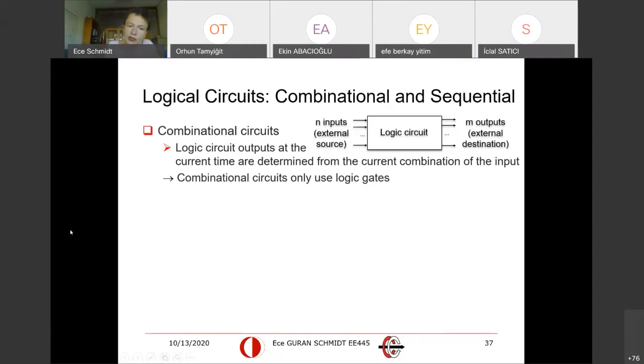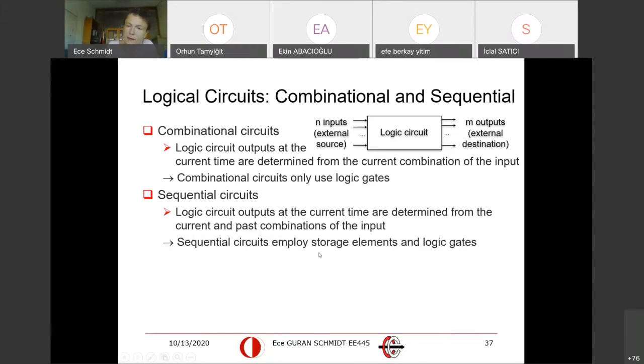So combinational circuits only use logic gates, whereas in the sequential circuits, the circuit output depends on the current input and the past combinations of input. So we will look at everything clocked, okay? Nothing asynchronous for 445, 446.